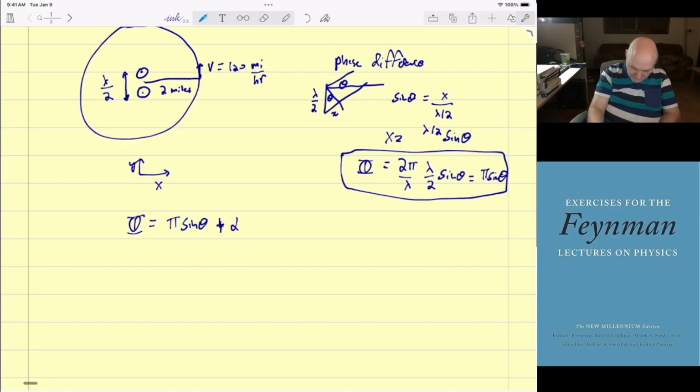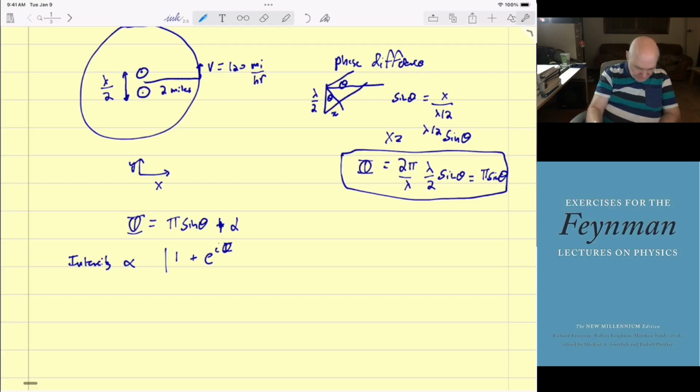Alpha is what we need to know. And the intensity from two waves is proportional to the absolute value of, the first wave we can consider as 1, and then the other one is shifted by a phase difference, e to the i phi.